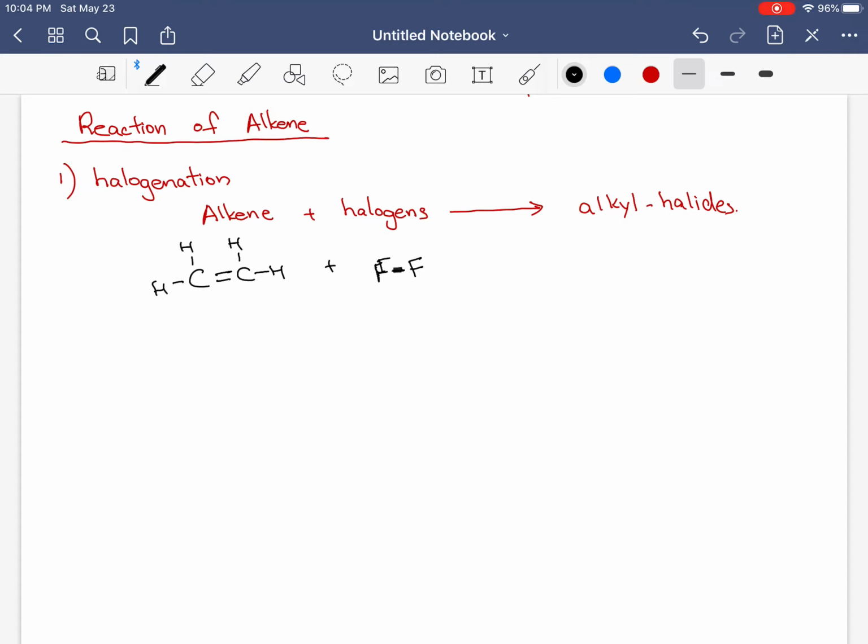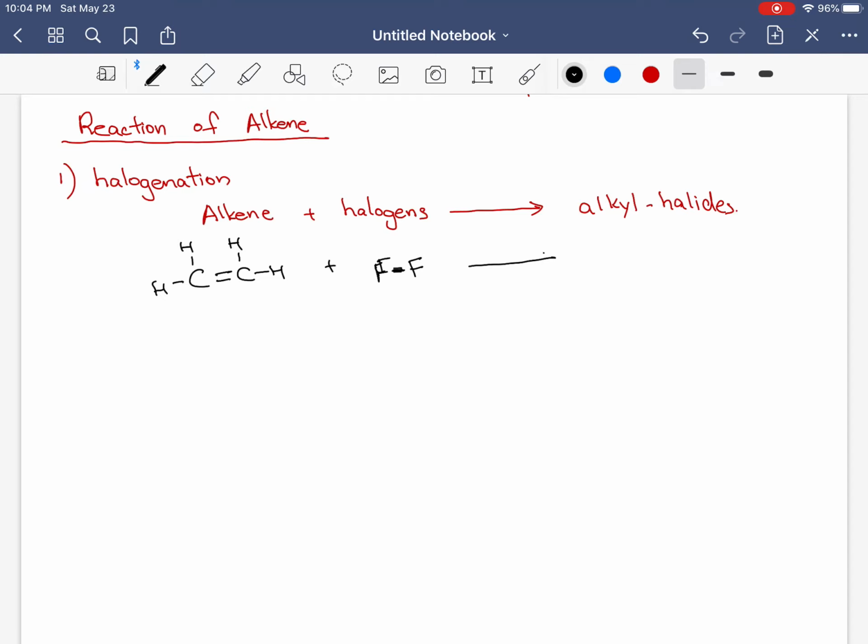F2. There you go. Supposed to be single bond. Now, what happened here is this. You see this bond over here? This one of the double bond? That's going to break. Okay? By breaking, this carbon is going to say, I'm going to hook up with this fluorine, and this carbon says, I'm going to hook up with this fluorine.